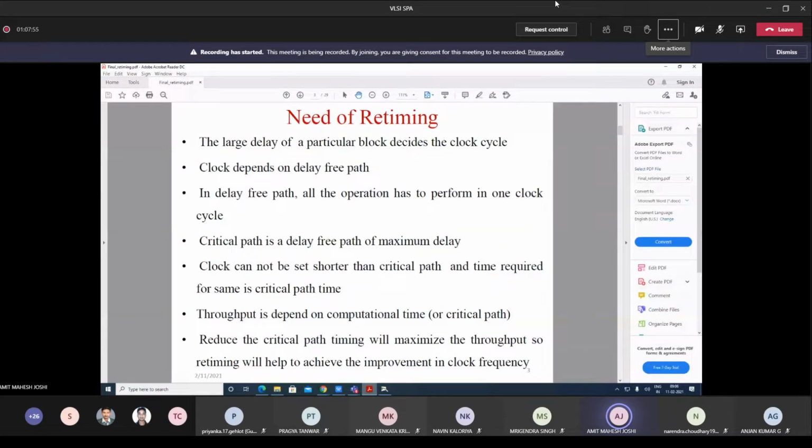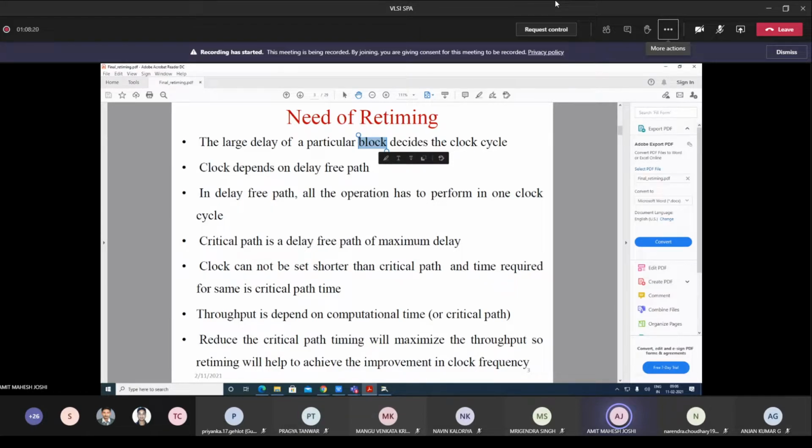Now here, what this says is that the larger delay of a particular block decides the clock cycle. I think you are getting this. What is meant is that in your particular system, whichever functional unit takes the maximum amount of time, according to that your clock frequency is decided.